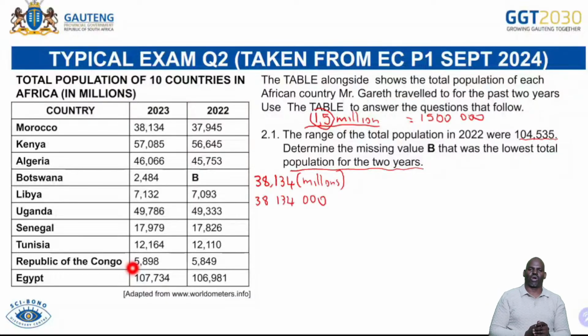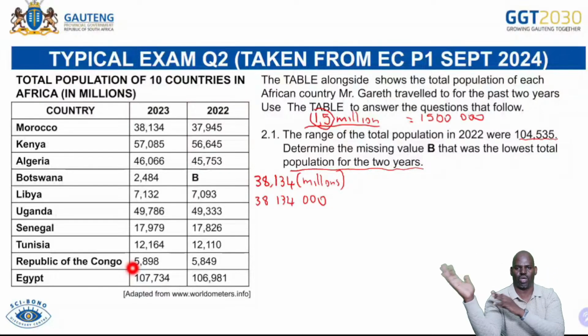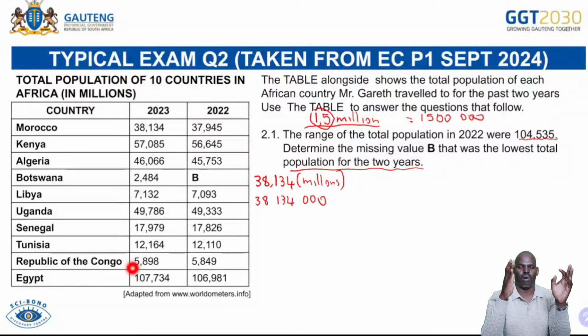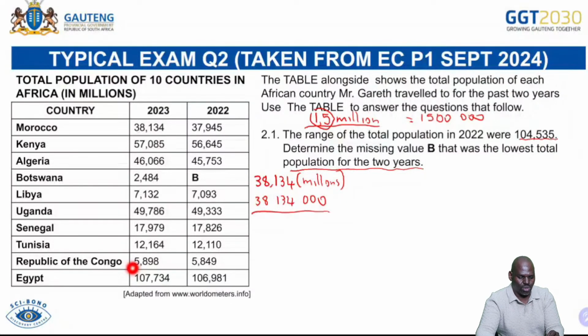Please try it with your calculator. Just take 38,134 and multiply it by 1 with 6 zeros. It's going to give you 38,134,000. So this number that you see there means 38,134,000.